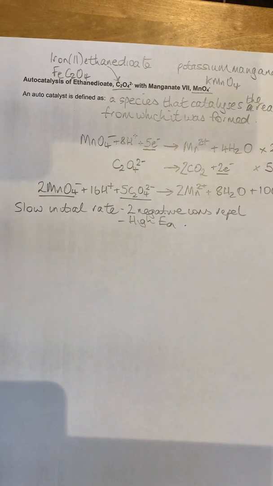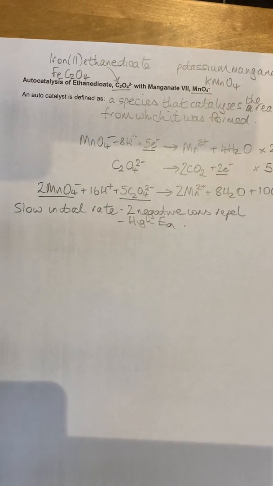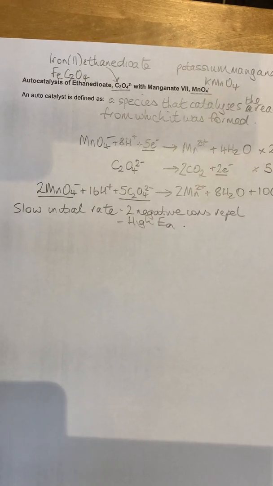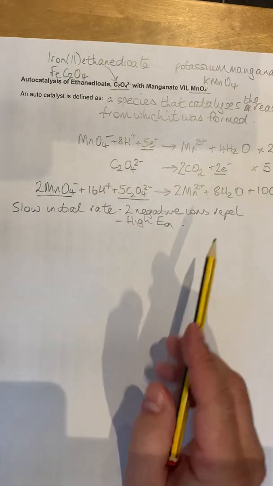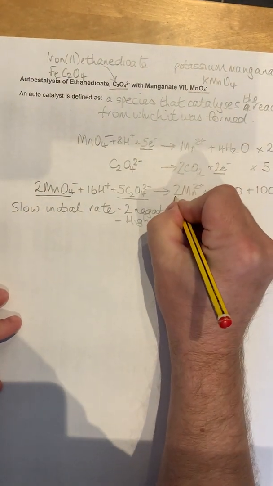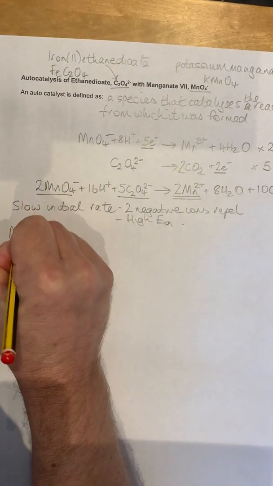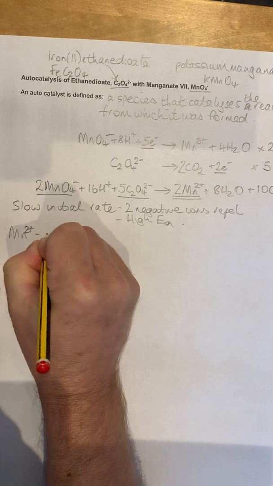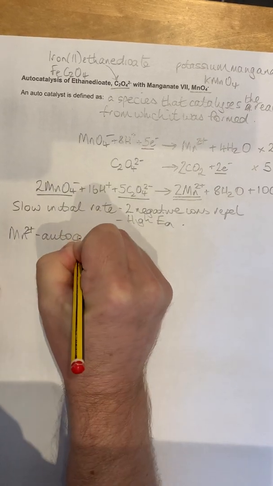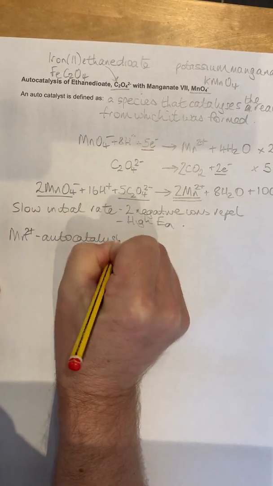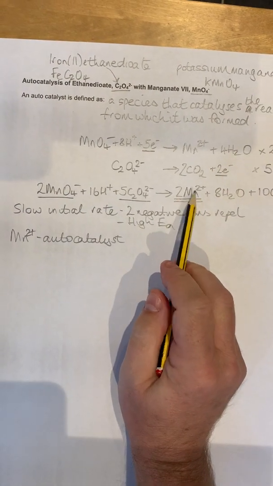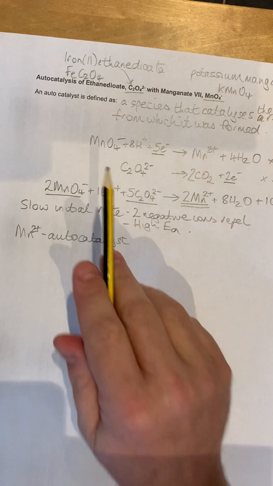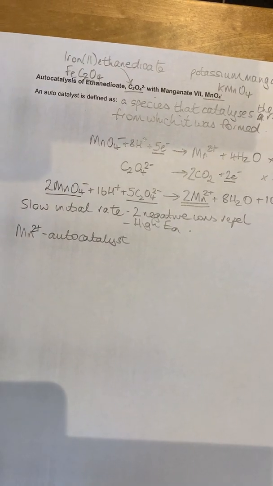Now, the interesting thing with this reaction is we do have a slow initial rate, but the rate actually begins to speed up. And what actually happens is our autocatalyst is Mn2+. That Mn2+ goes back and reacts with MnO4-.